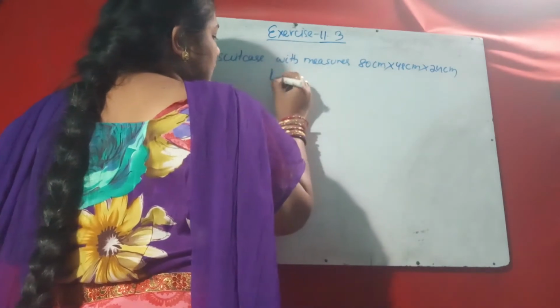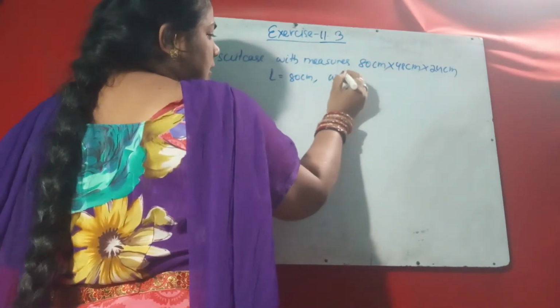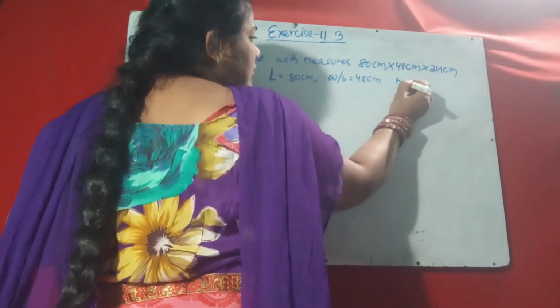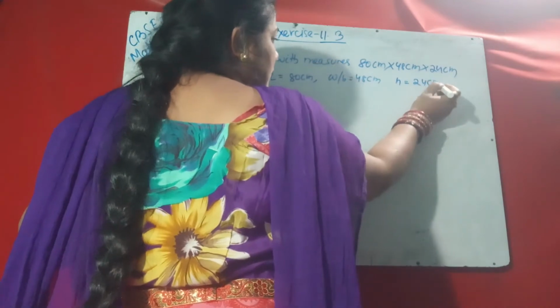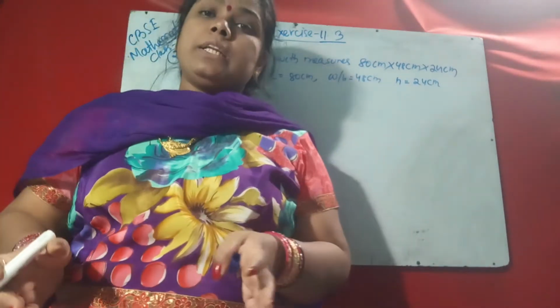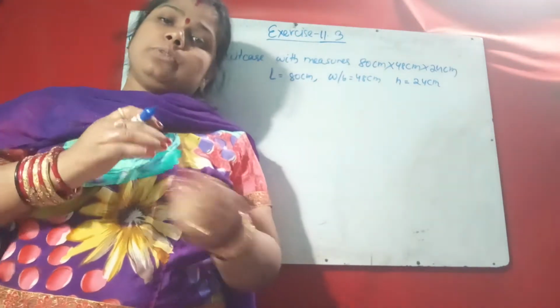So here length equals 80 centimeter, width or breadth equals 48 centimeter, and height equals 24 centimeter. The question is how much tarpaulin cloth is needed to cover such 100 suitcases?